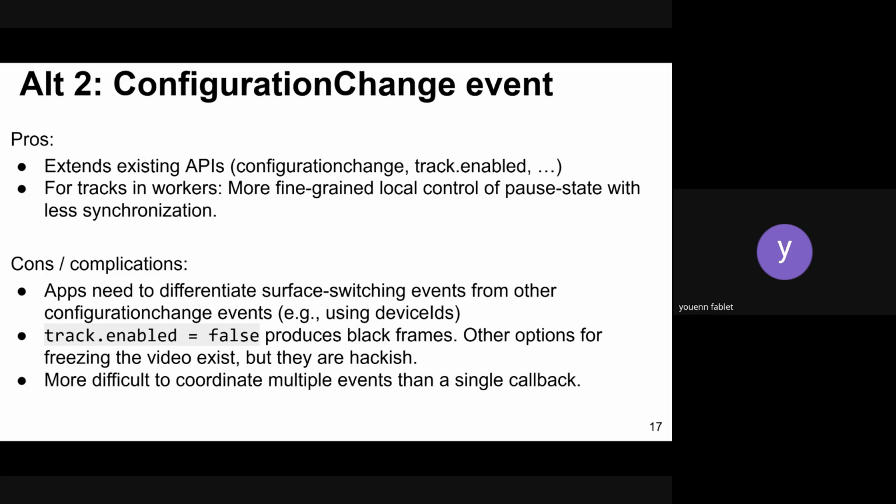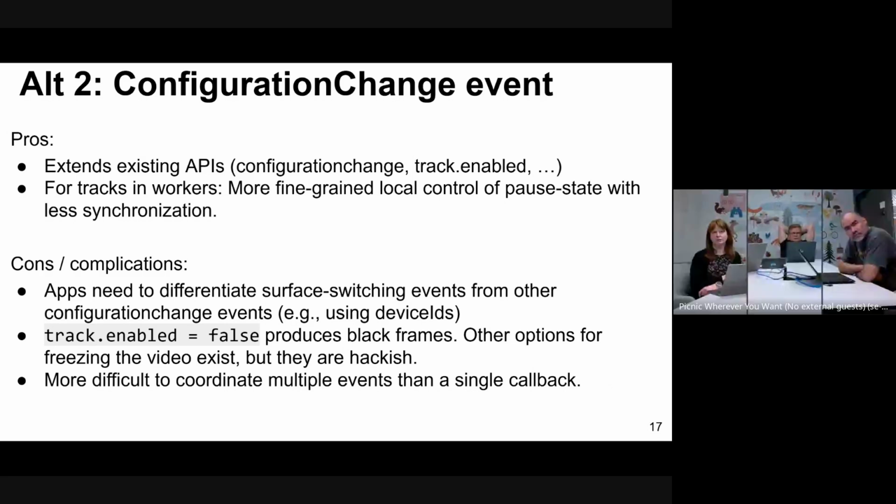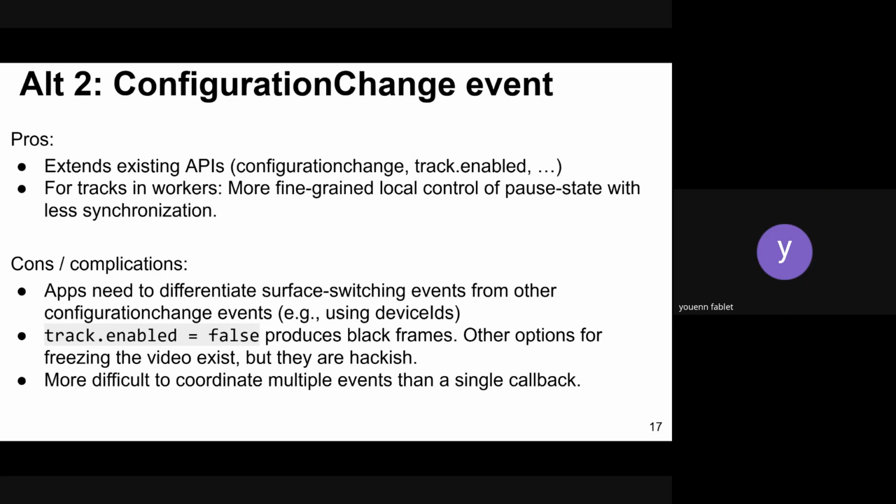The way to do it is usually to fire the configuration change event so that the settings are updated, and then you have the callback with the information that this track is actually a screen or a window, and you have all the information you need to make the decision. So that's why I would select this order.